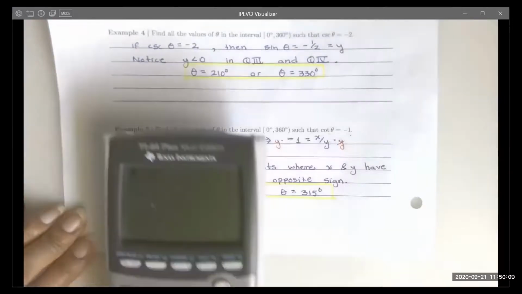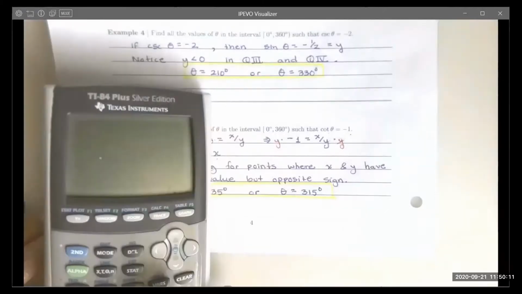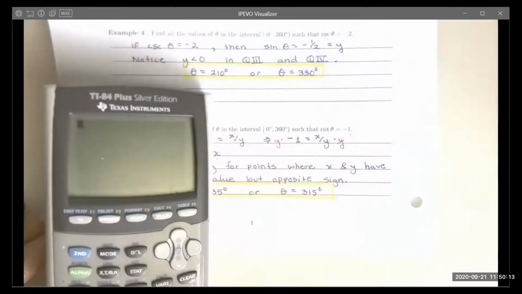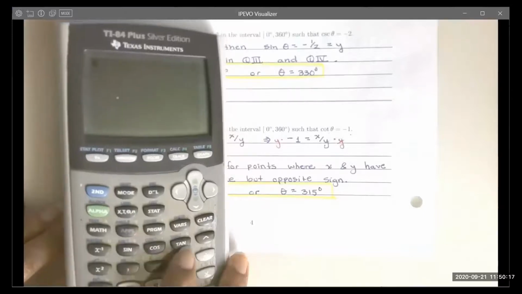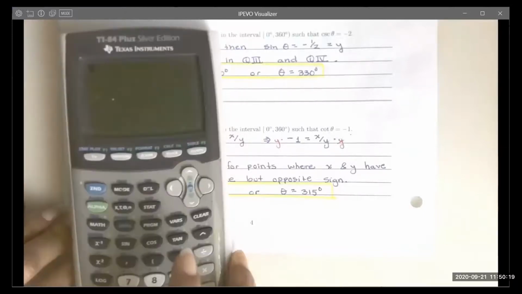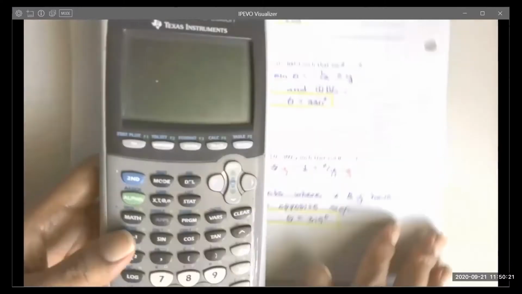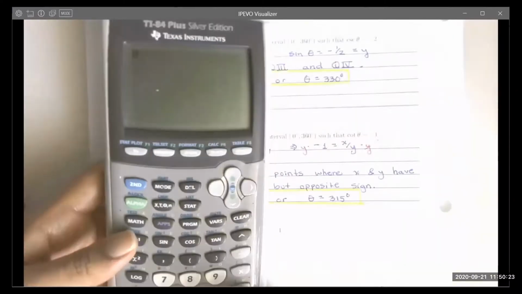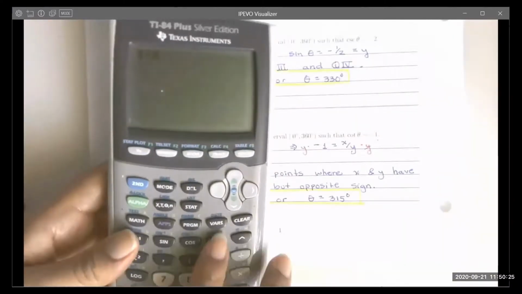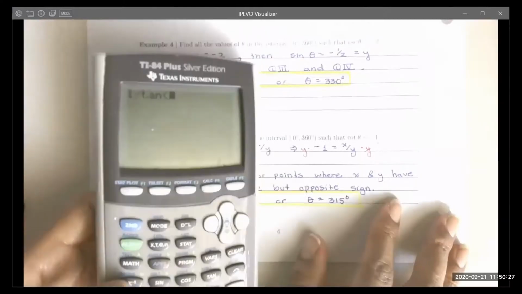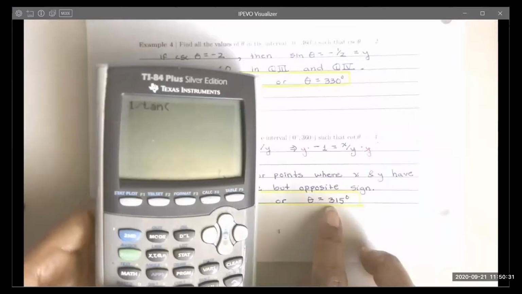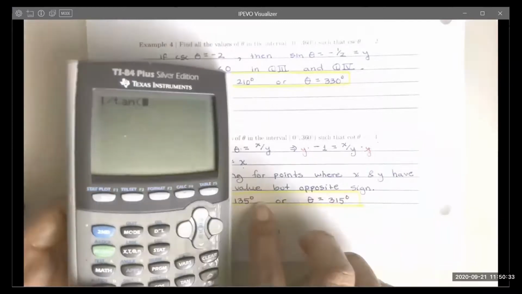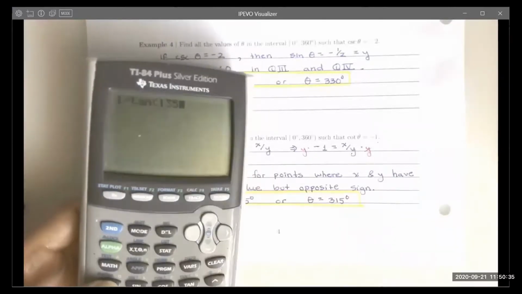Okay, so for cotangent, most calculators don't have a key for cotangent, so I'm going to type 1 over tangent, because I know that cotangent is the reciprocal of tan. The first angle that I'll check is 135 degrees.